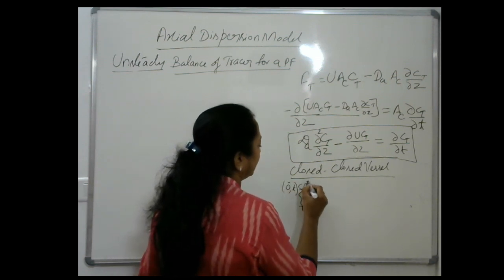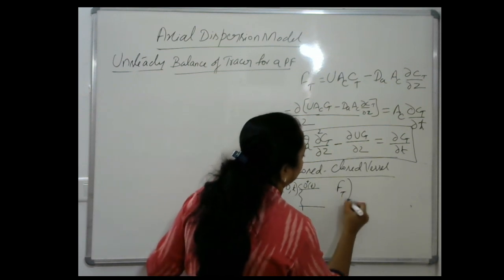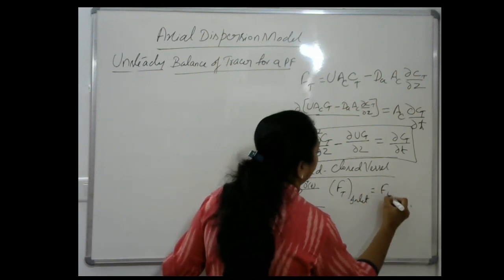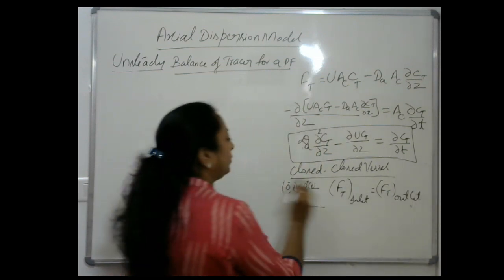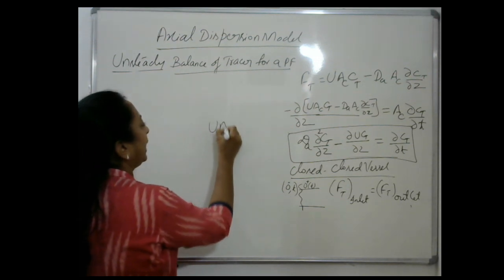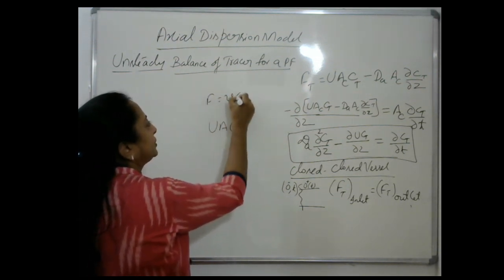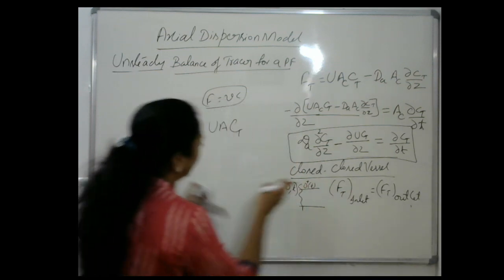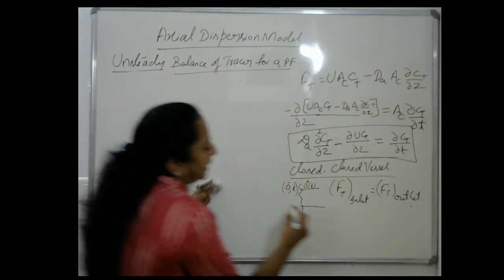And here this is 0 plus. See, F(t) inlet is equal to F(t) outlet. So how do we write F(t)? F is V into C for an ideal case, but for a non-ideal case, it is F(t) equal to U A_c C(t). So inlet I can write happily U A_c C(t).